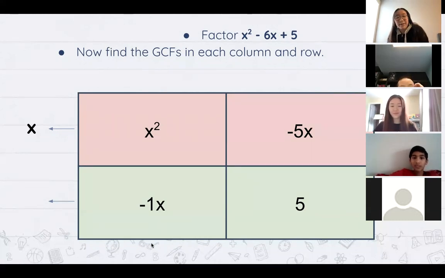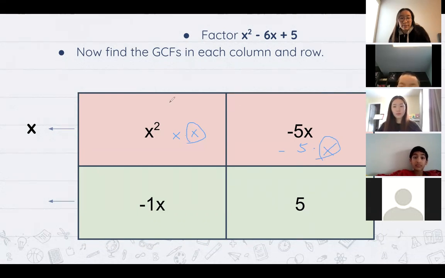No, it's not, because you can't divide x squared by -5 and get something out. A factor is where you can divide it by that factor and get something even out. So remember that x squared equals x times x, and -5x just equals -5 times x. And so you can see that the greatest common factor is x.